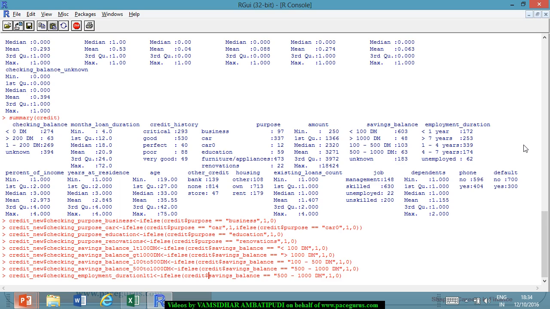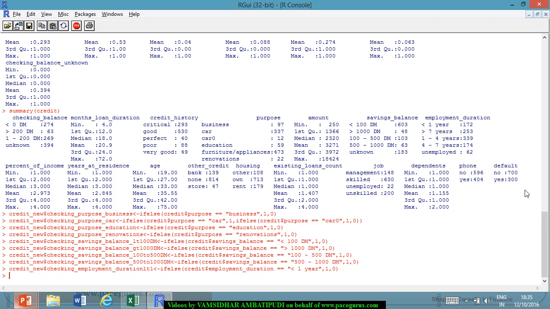And here I will take it as credit dollar employment duration is equal to less than 1 year. So this is one more group that is getting created.